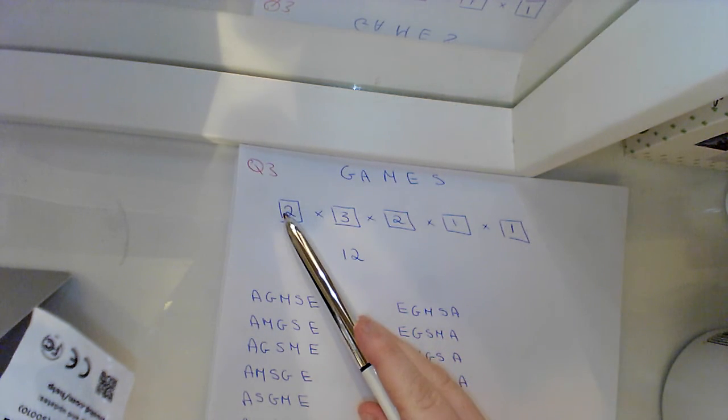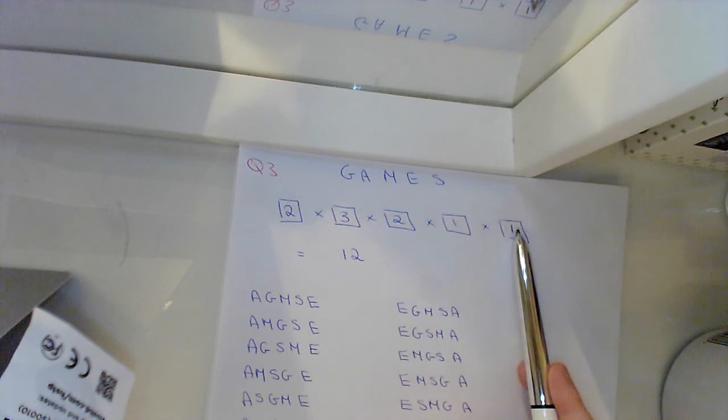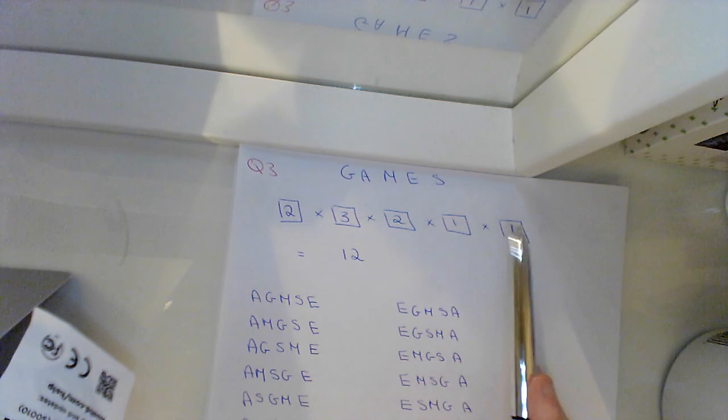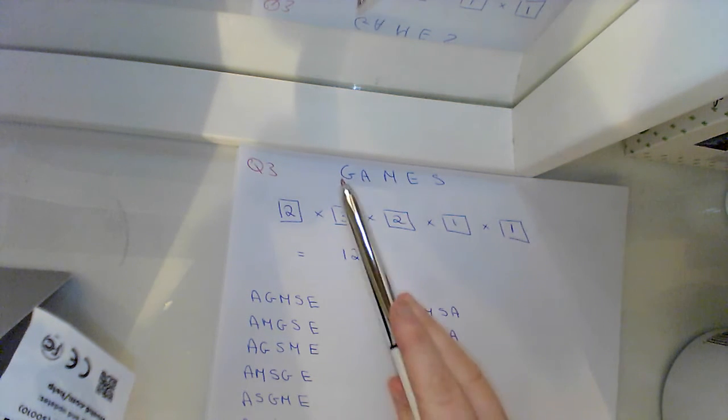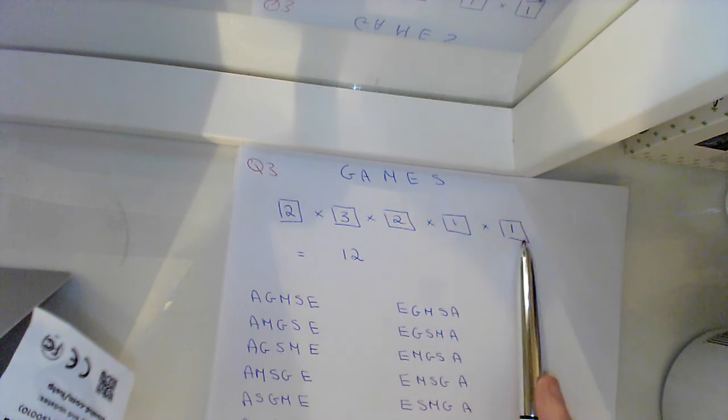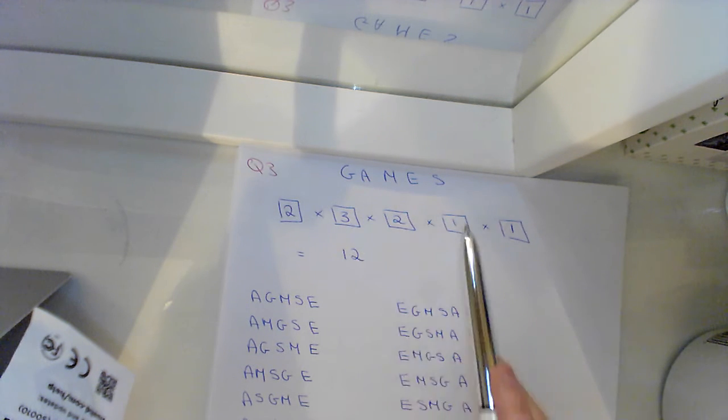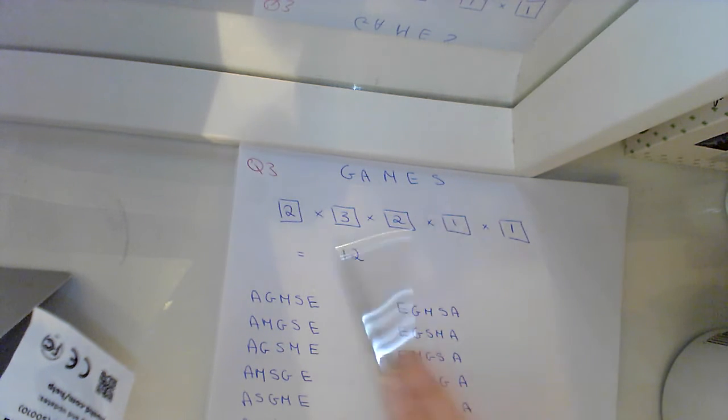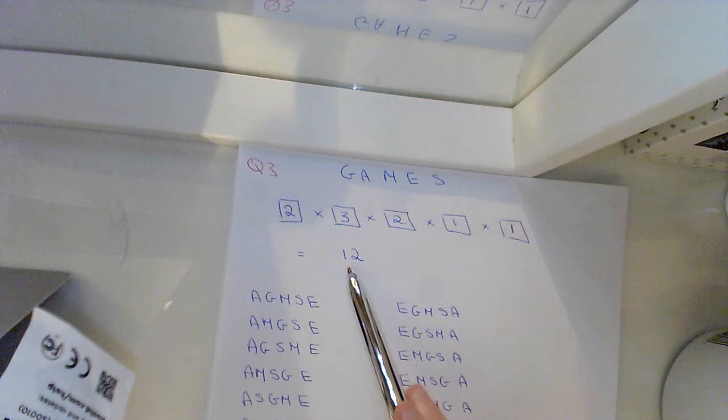And if I use A here, that means I can only use E here. So that's where I fill these 2 boxes in first. Those 2 boxes are gone. And because I have 3 left in the middle, I go 3 by 2 by 1, and when I calculated that out I got 12.